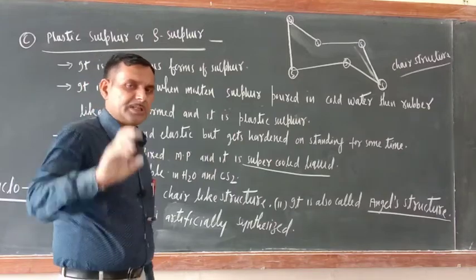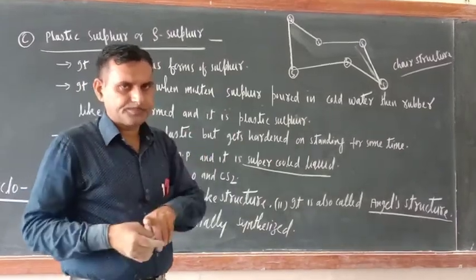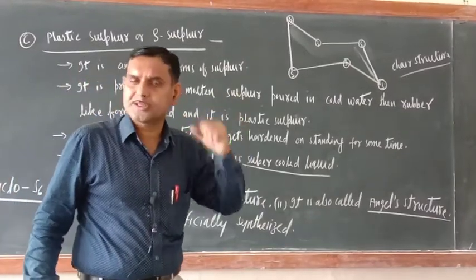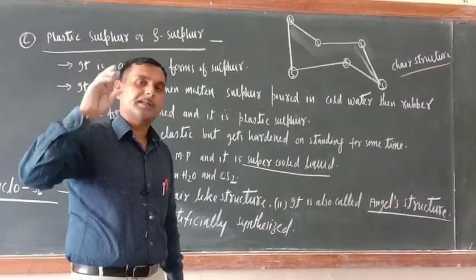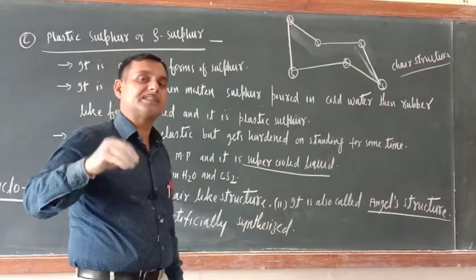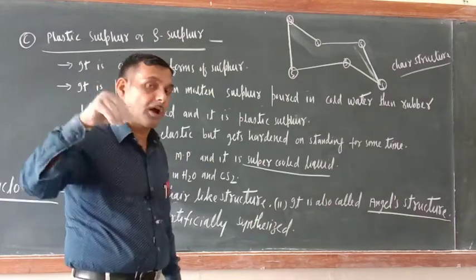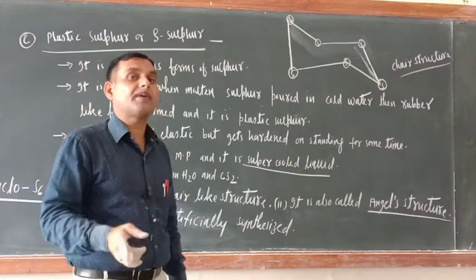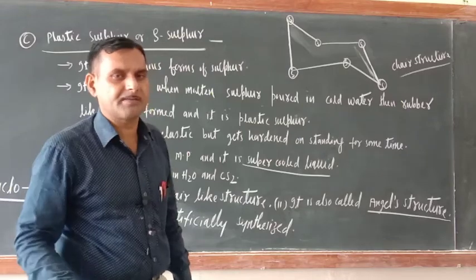Why? So just remember, last year I taught you the molecular orbital diagram of oxygen. Just see, the paramagnetic character of oxygen can only be explained on the basis of MOT, molecular orbital theory. Similarly here, the paramagnetic character of S2, that is the vapor sulfur.